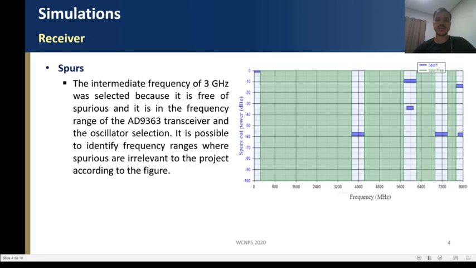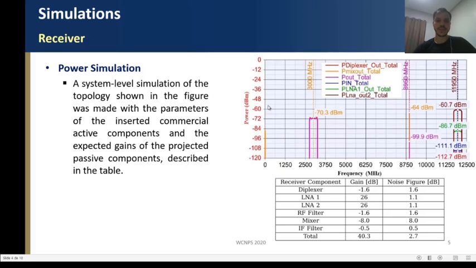The intermediate frequency of 3 GHz was selected because it is free of spurious and it is the frequency range of the AD9363 transceiver and the oscillator selection. It is possible to identify frequency ranges where spurious are irrelevant to the project according to this figure.